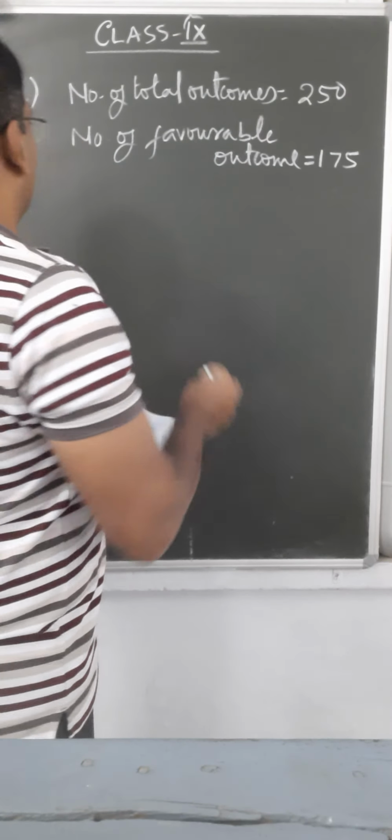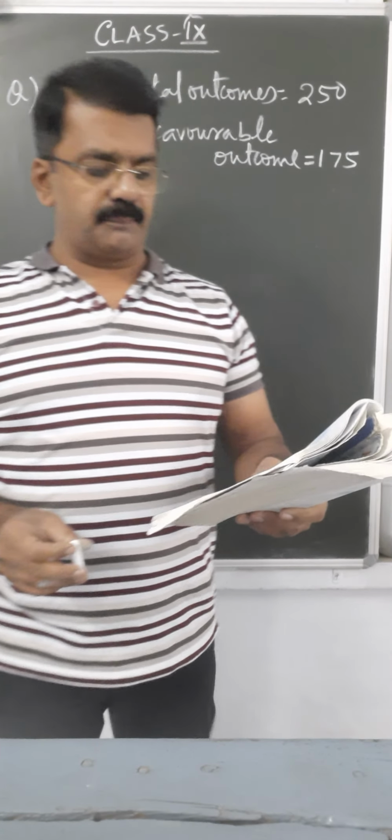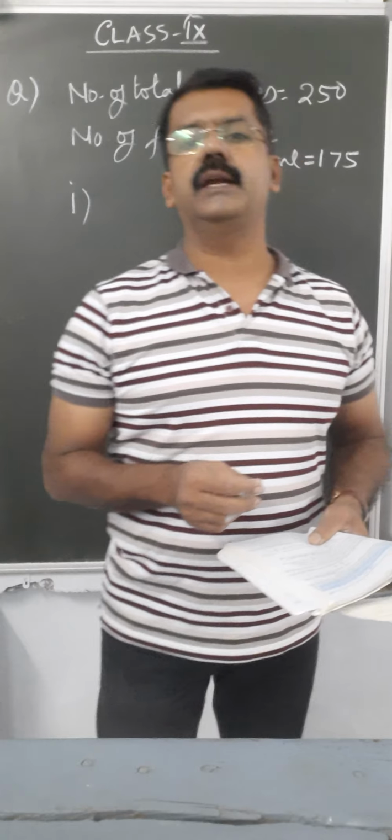Now the first part of the question: what is the probability that on a given day the forecast was correct? So you have to find the probability of a correct forecast.